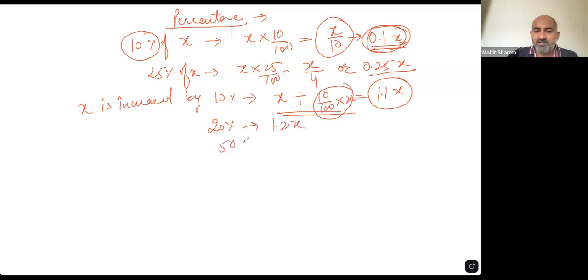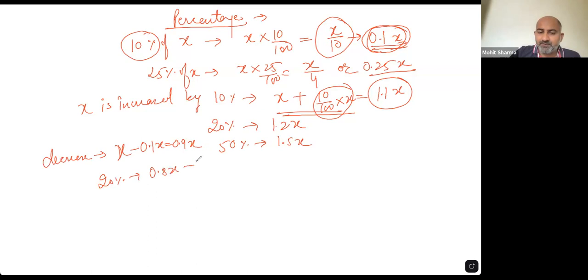If I increase something by 50%, it'll become 1.5X and so forth. At the same time, if I decrease something by 10%, it will become X minus 0.1X. That will be 0.9X. If I decrease something by 20%, it would be 0.8X and so forth. So these things are important when we'll do calculations.